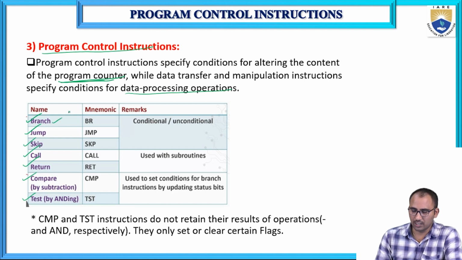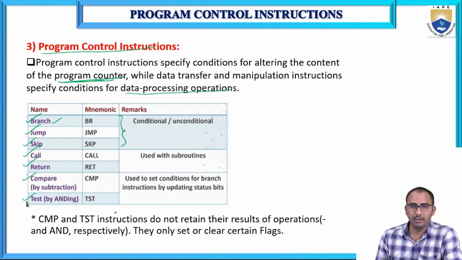These are all the different program control instructions. Branch, jump and skip, these three may be conditional or unconditional. It may be conditional branching or unconditional branching. What is branching? Branching means transferring the program control from one location to another location.